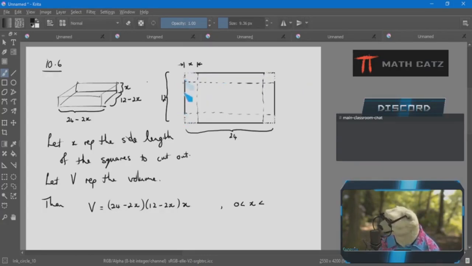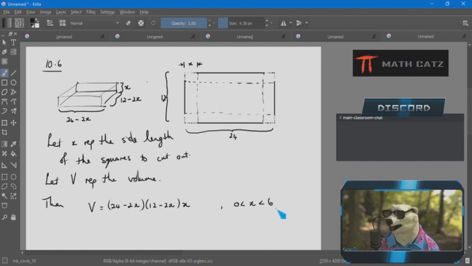I'm cutting in here x, and I'm cutting another x on the other side. I can only cut in to halfway. So I can't really go any further than 6. Now I can't actually cut out 6 because then I have nothing left. So I'm going towards 6.